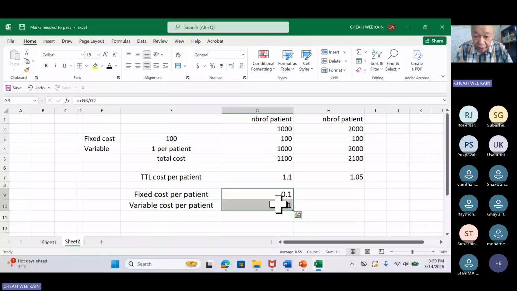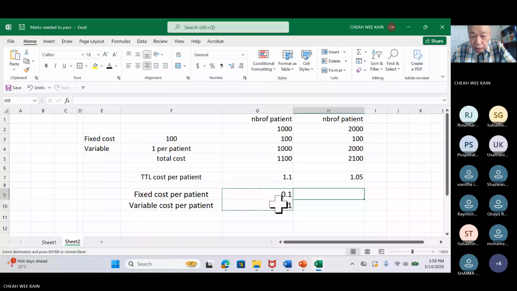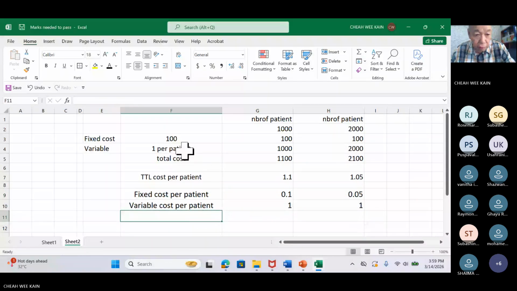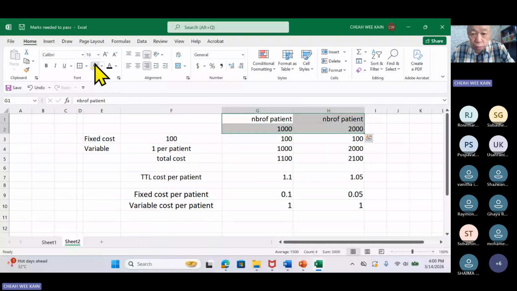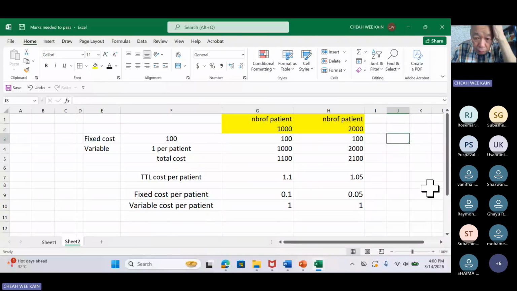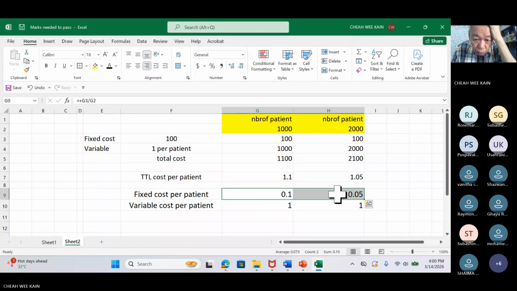Let's look at this side here. See, the variable cost doesn't change because more patient, more money. Therefore, the variable cost never changes, but the fixed cost will change.